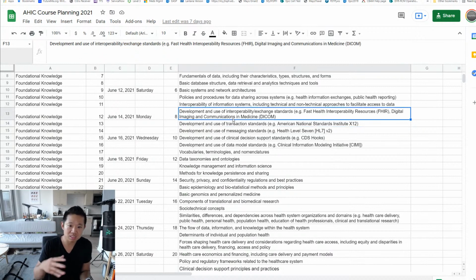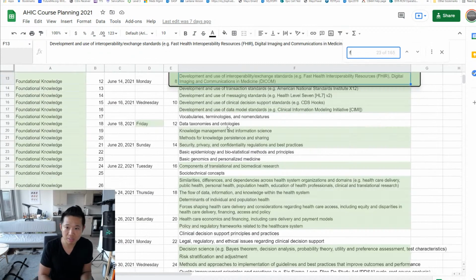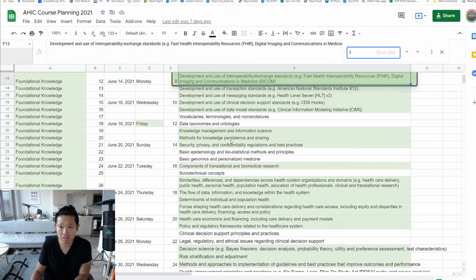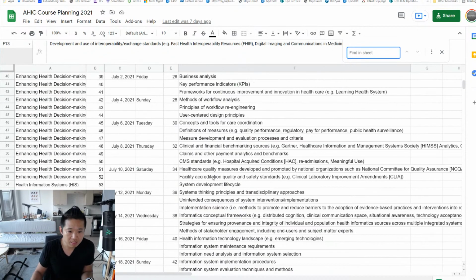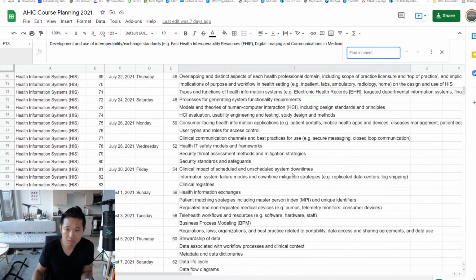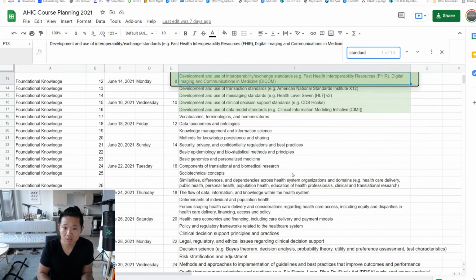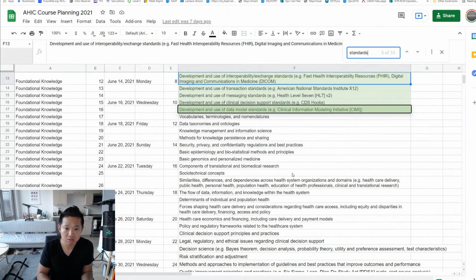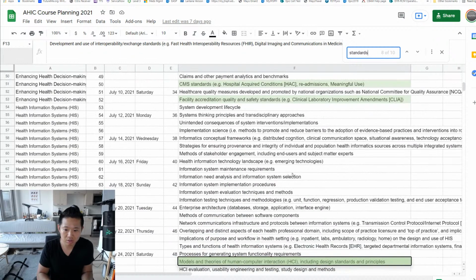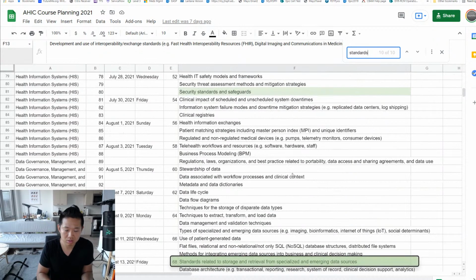But development and use. Maybe this is more about the development side of it, so maybe I'll stick to that, because I imagine there's probably going to be more. Let me see. Oh, maybe not. Is there more use of standards down later on? Let's take a look. Standards, development, use. Standards related to retrieval.